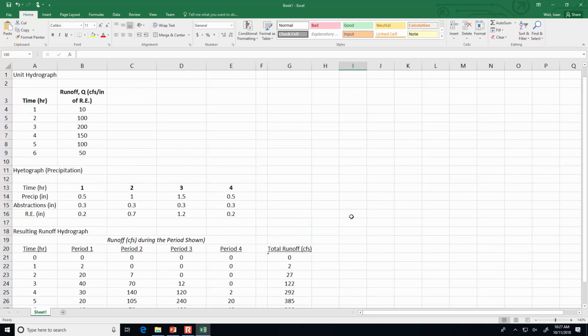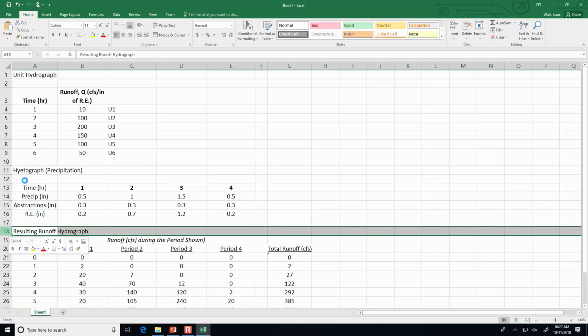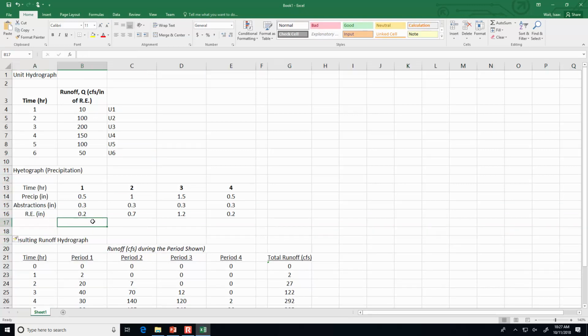And so this was U1, U2, U3, U4, U5, and U6. Okay. If we're going to go back and look at that conceptual diagram, this was P1, P2, P3, and P4.